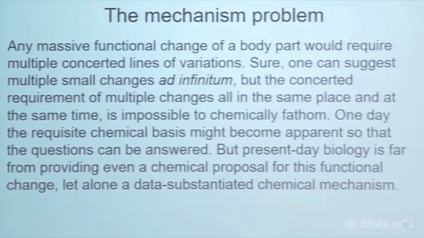But present-day biology is far from providing even a chemical proposal for the functional change, let alone a data-substantiated chemical mechanism. So I would ask them, tell me, chemical biology is not like organic chemistry where you can push every electron. Okay, fine. Tell me just in your mind how something like this could proceed. Nothing. They don't even have a proposal for the change.